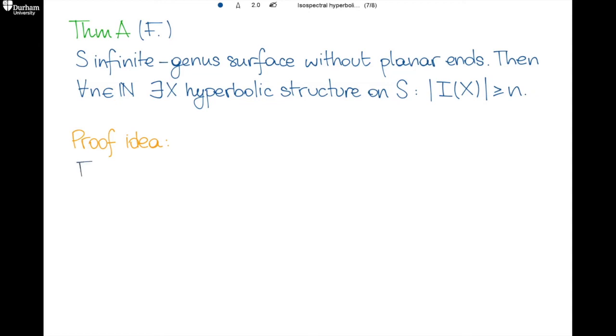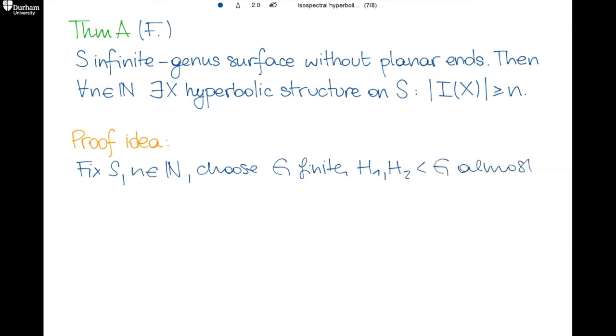So what do I do? I fix the topological surface S. I fix n, and I choose a specific finite group G and specific subgroups H1 and H2 that are almost conjugate and not conjugate. And then what I look at is the nth power of these, so the product of n copies of G.